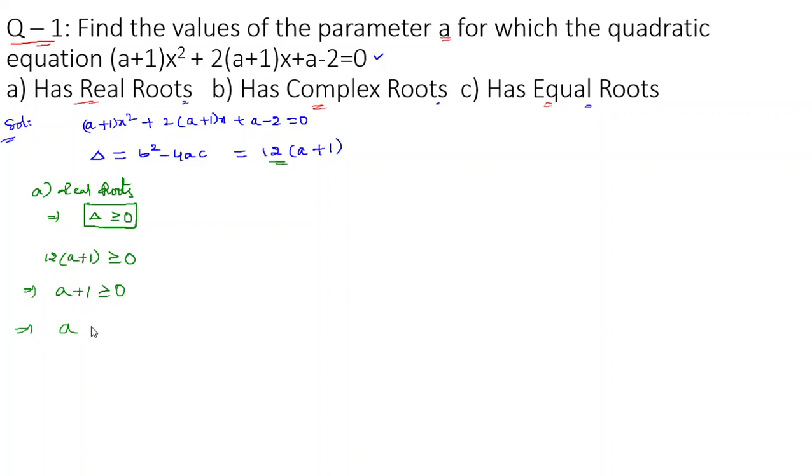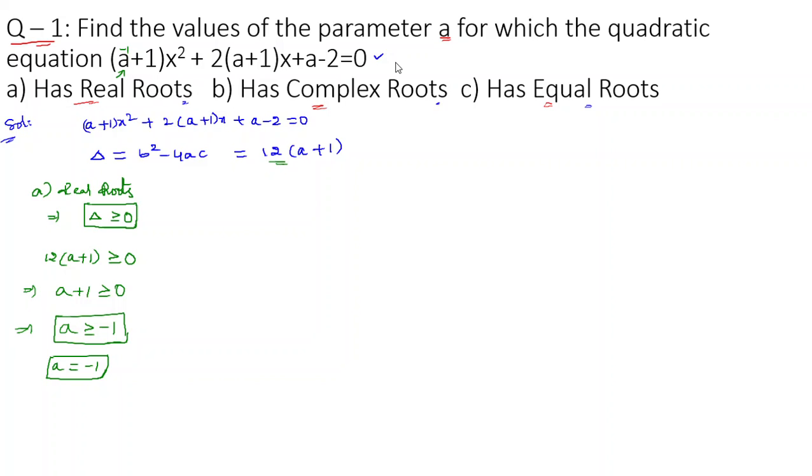So now this implies a must be greater than or equal to minus 1. But if we substitute minus 1 in the place of a, then minus 1 plus 1 becomes 0. 0 into x square becomes 0. So the x square term disappears if we substitute minus 1 in the place of a.